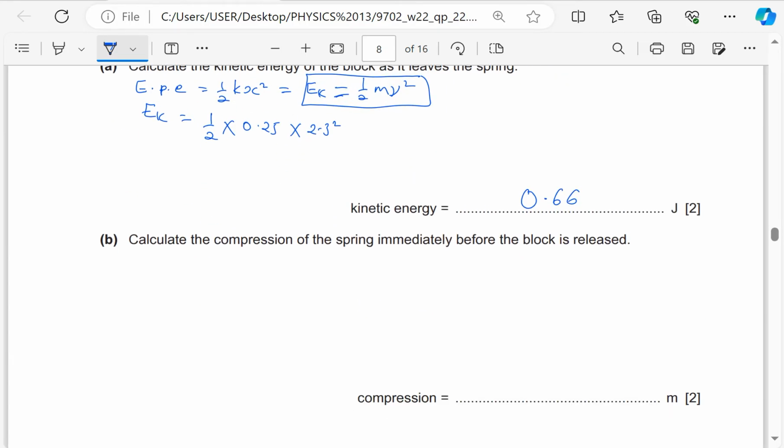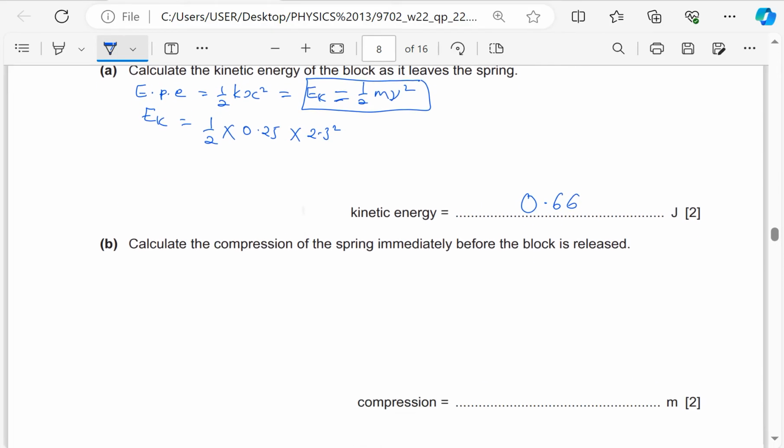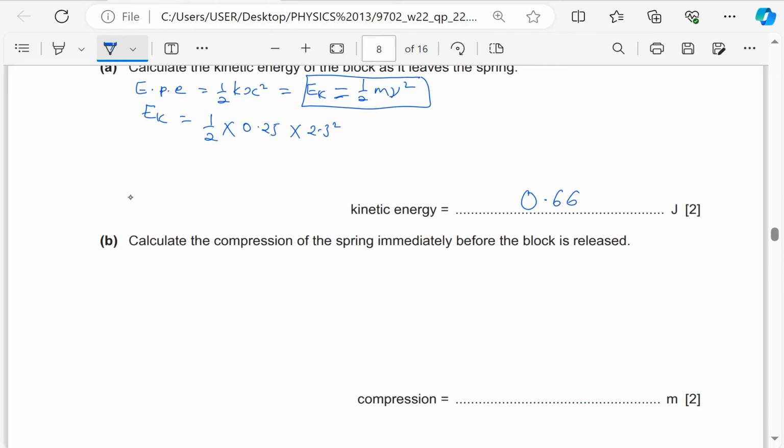Calculate the compression of the spring immediately before the block is released. So remember, all the elastic potential energy became kinetic energy. So I can simply say a half k x squared became a half m v squared.